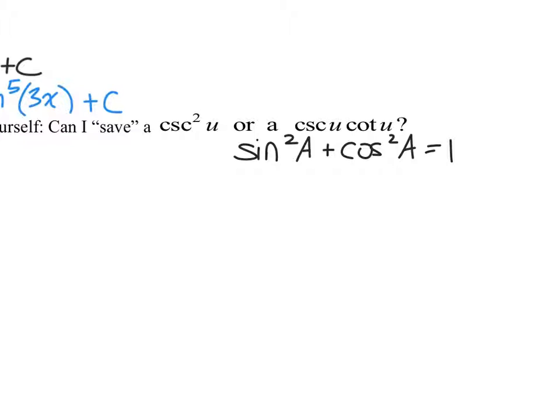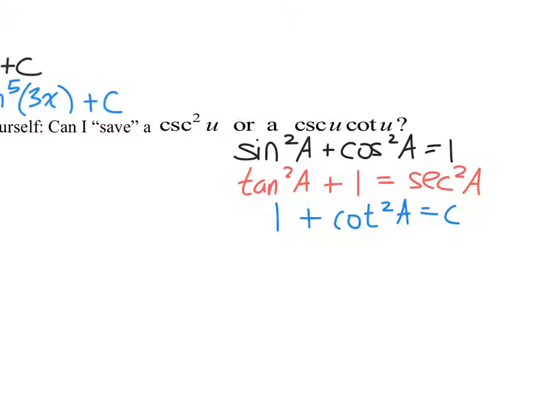So, for example, you could divide everything by cosine squared, in which case you get tangent squared plus 1 is equal to secant squared. Or you could divide each part by sine squared, in which case you get 1 plus cotangent squared is equal to cosecant squared.